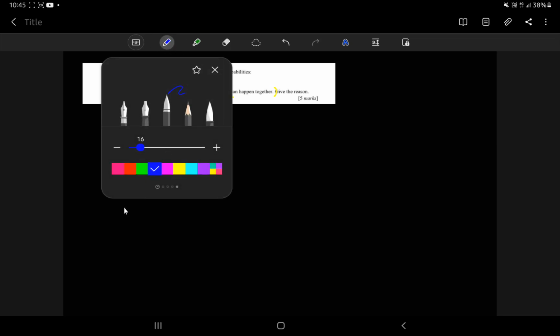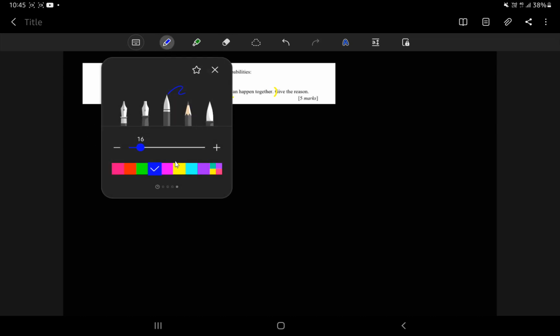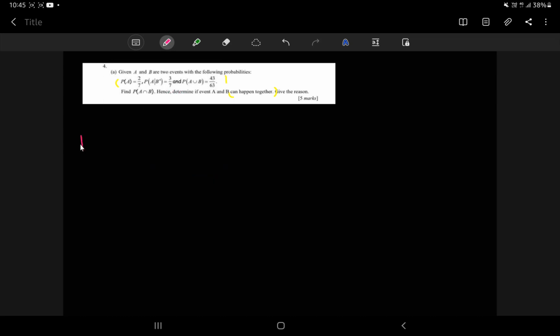For the first one, mutually exclusive. Mutually exclusive means that the events, for example events A and B, cannot happen together or at the same time.